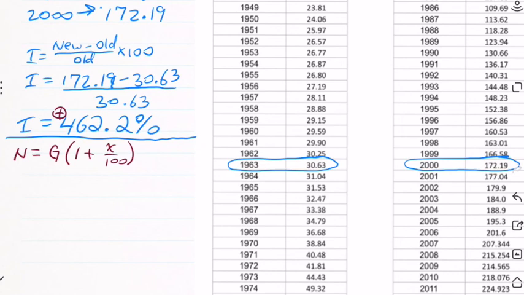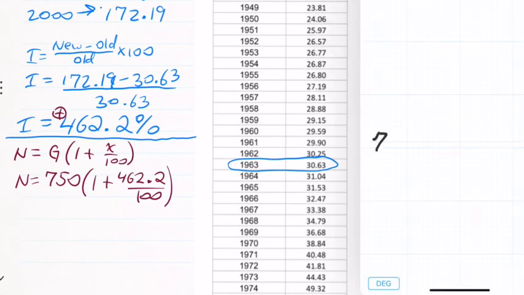Well, no, because the old value in 1963 was $750. So this is going to be new is equal to $750, the old value, plus 462.2 divided by 100.